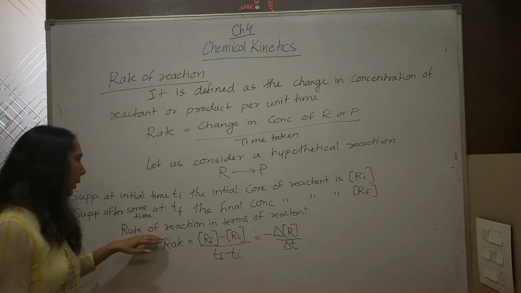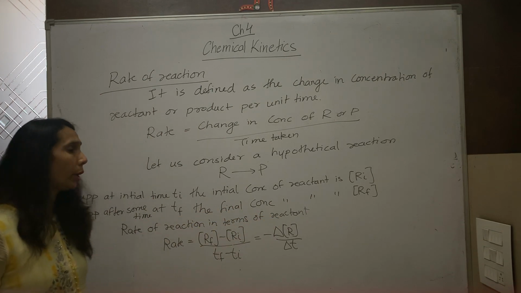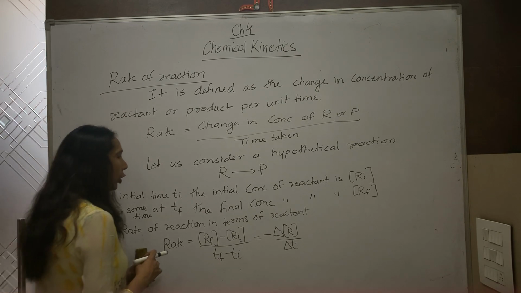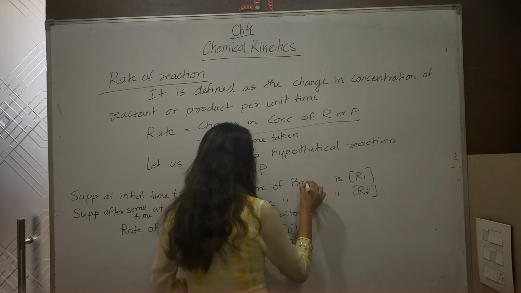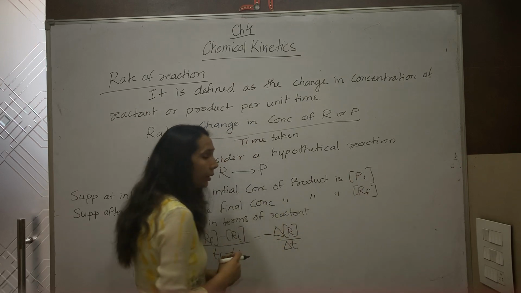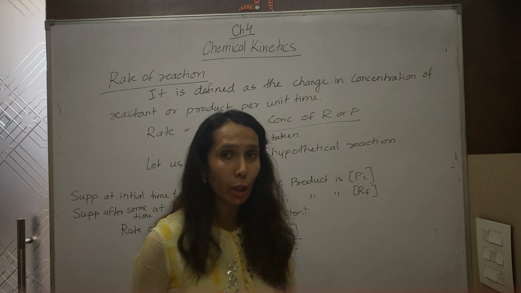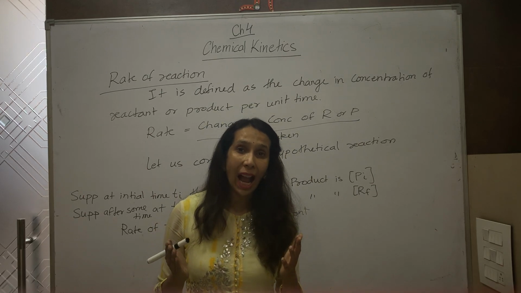Now we want to express the rate of reaction in terms of product. If we want to express it in terms of product, suppose at initial time Ti, the initial concentration of the product is Pi. Generally in the test tube, when I start the reaction, I only take the reactant, I don't take the product.